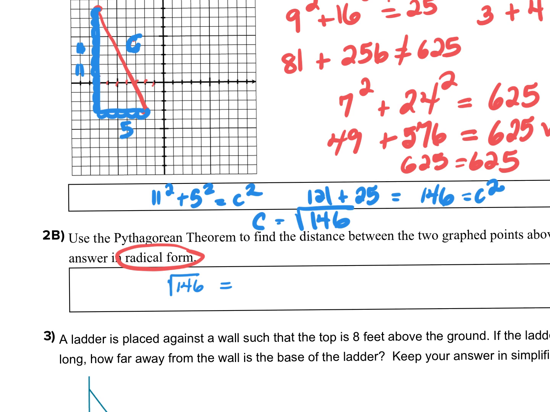But 146 is even, so I did divide it by 2, and what I get is the square root of 2 times the square root of 73. Now, 73 is a prime number, as is the number 2. So this cannot be factored any further and would be your final answer.